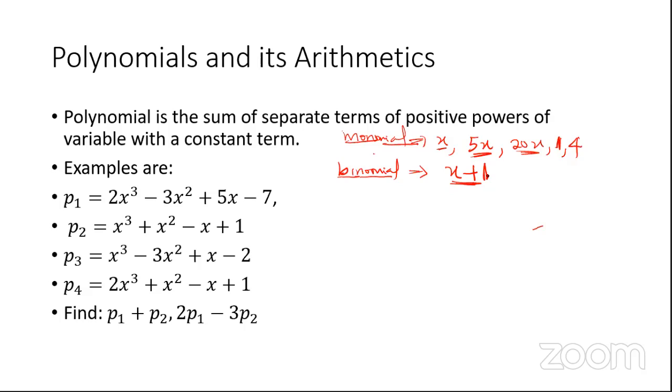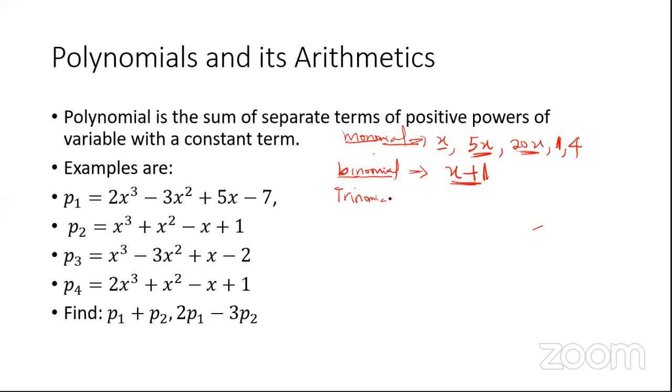You can't say x plus 1 equals 1x or 2x, because you can't add them together. They are different terms. They are separate terms. That's what they are trying to say: sum of separate terms of positive powers. Apart from that, we also have what we call trinomial.